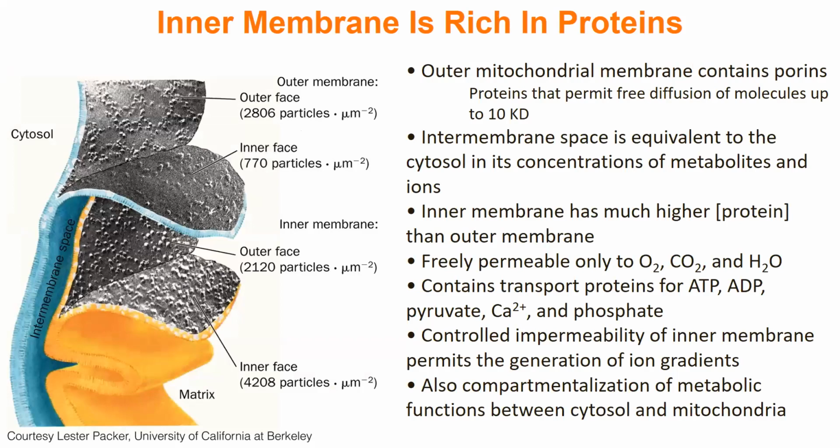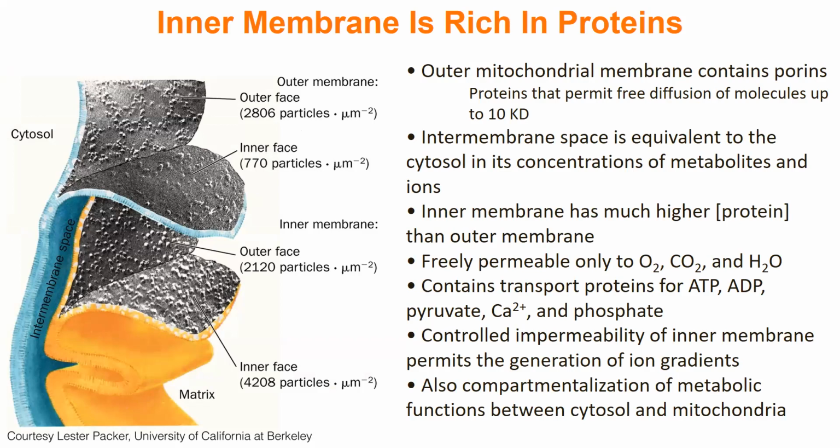All right, so let's focus in now, and we're looking at the image on your left. The blue is the outer membrane, the yellow is the inner membrane, and labeled on it is the space between the two membranes, which is the intermembrane space. Now, the outer membrane of the mitochondria is really porous. It has these proteins called porins.